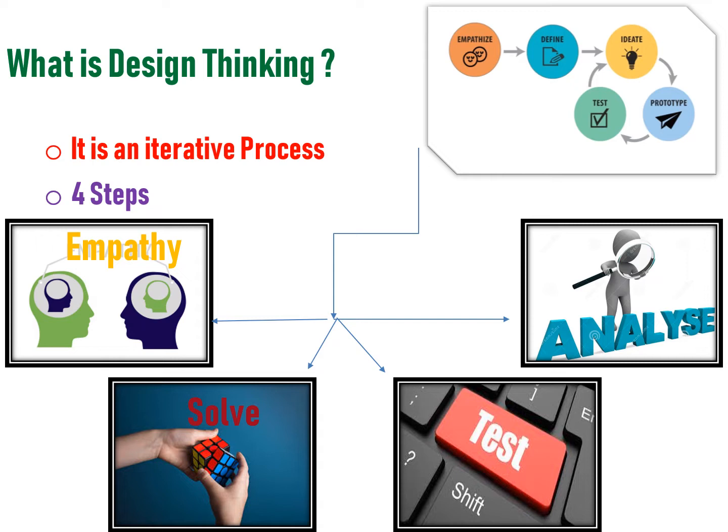But here I am considering all these five steps as four different steps: first one is empathy, second one is analyze, third one is solve, and fourth one is test. That means here I am culminating these two steps, ideate and prototype, into the third step, solve.